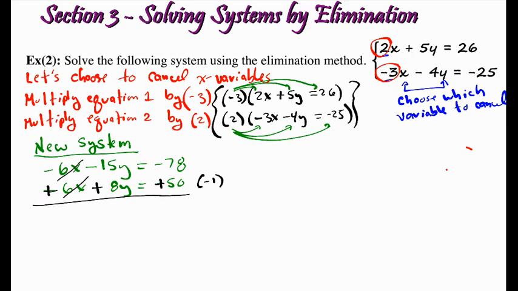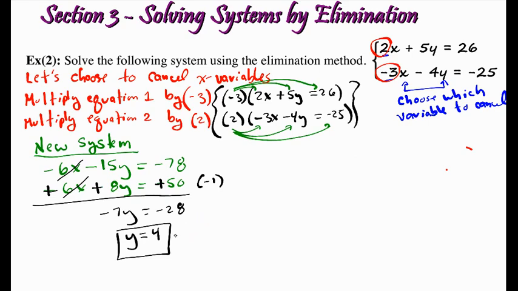So -6x and +6x will cancel. -15y and +8y gives us -7y. And -78 and +50 is -28. Divide both sides by -7, and we have y is equal to 4.